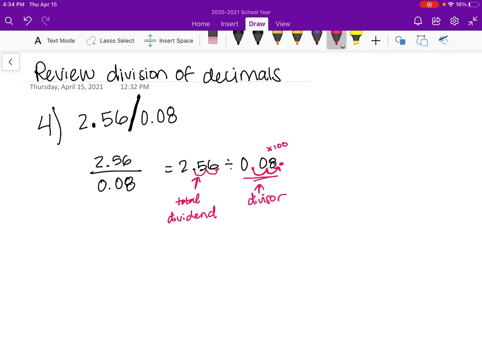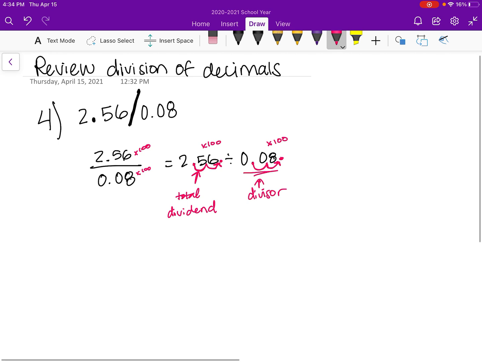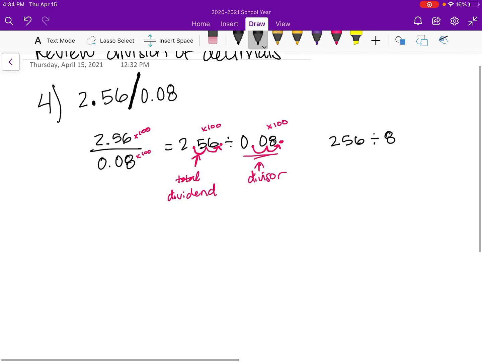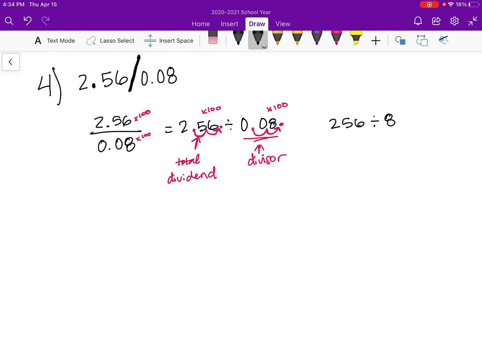Anything you do to the divisor, you must do to the dividend, just like anything you do to the numerator, you have to do to the denominator. So I'm moving my decimal 2 places to the right, multiplying it by 100, however you want to think about it. So now my new problem is 256 divided by 8. This will give us the same answer.